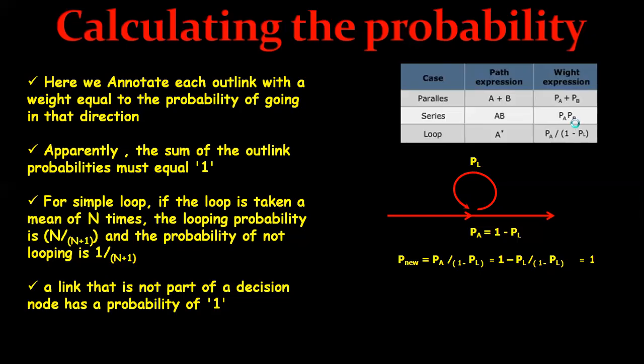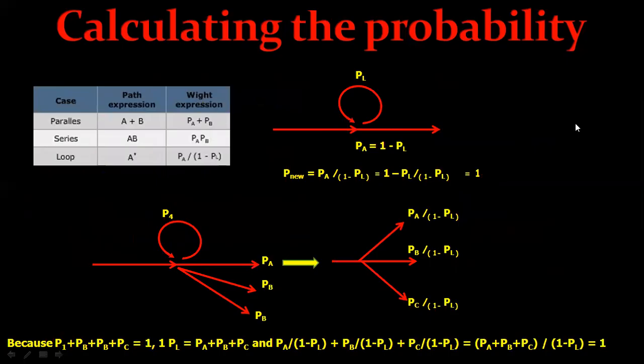Suppose we take this example: a loop node is having a loop probability of PL and the probability of not looping of PA, which will be equal to 1 minus PL. So following the above rule, all we have to do is replace the outgoing probability with 1.